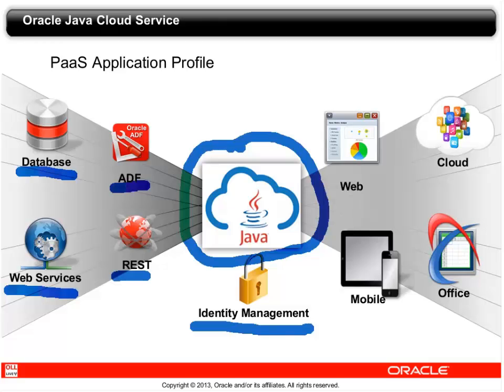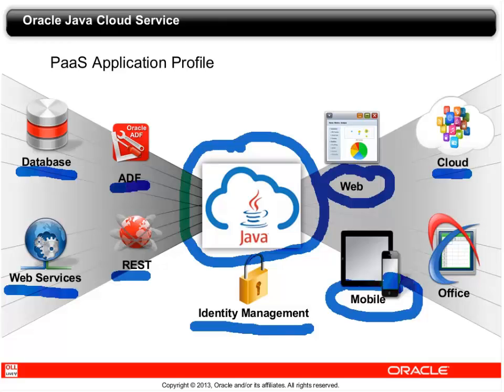And with all of these services, you can create applications that you can deploy for web access, for mobile access, and even connect it to other clouds, or use it internally, as an office type of application. So it's a fully capable type of system.